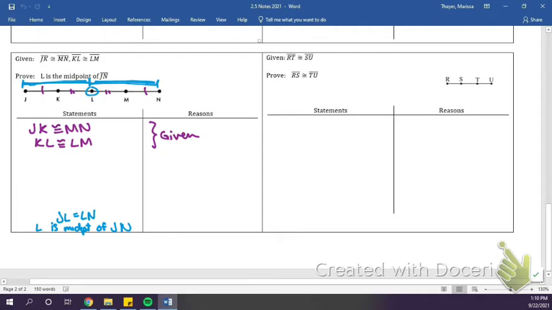So it would be helpful if I tried to get some. Well, JL, I could set up segment addition, would be JK plus KL. We can say the same about LN. We currently don't know any information about LN, but I could set up that LN is equal to LM plus MN. Those are both segment addition.